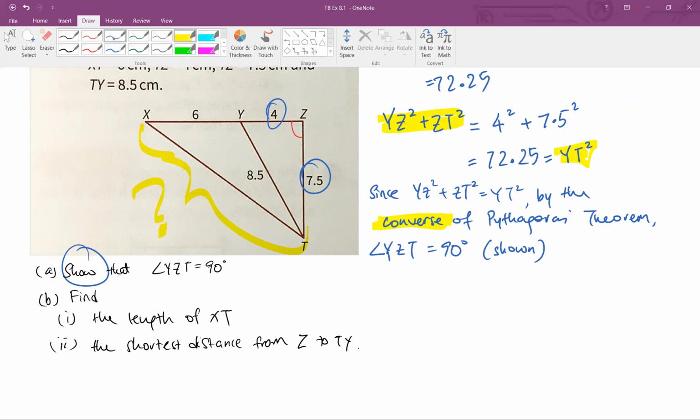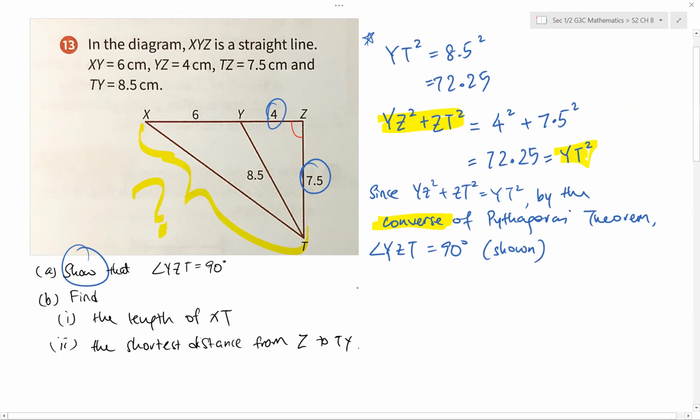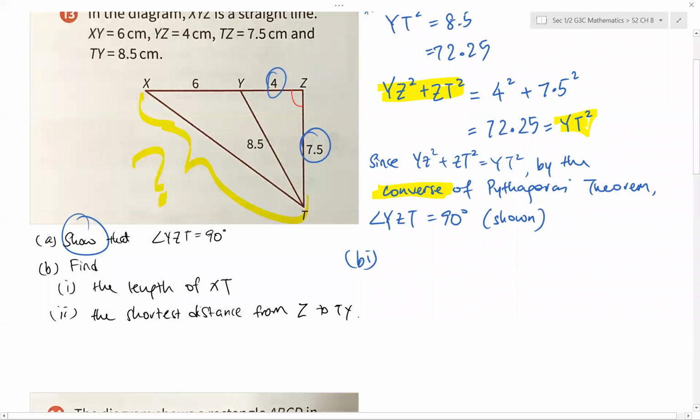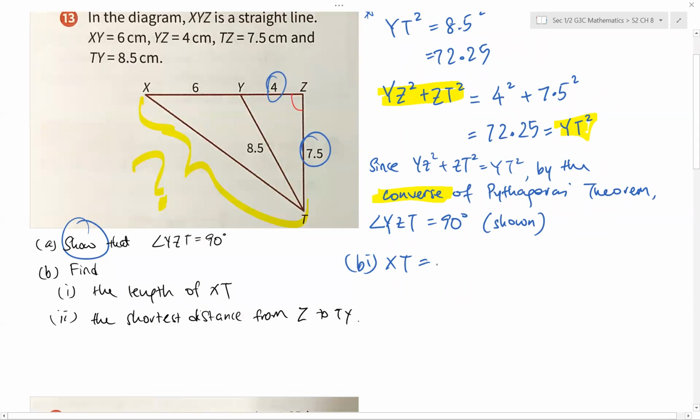So the working will look like this. Part B, part 1. XT is the square root of 10 square plus 7.5 square. So 12.5 cm.